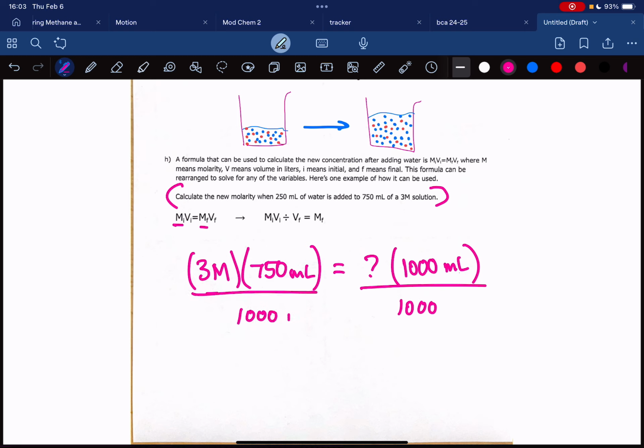And if I divide both sides by 1,000 mils, then my 1,000 mils cancels on my right, and I'm left with just MF equals 3M times 750 mils divided by 1,000 mils. So let's do it. 3 molar times 750 divided by 1,000, and I get 2.25 molar.